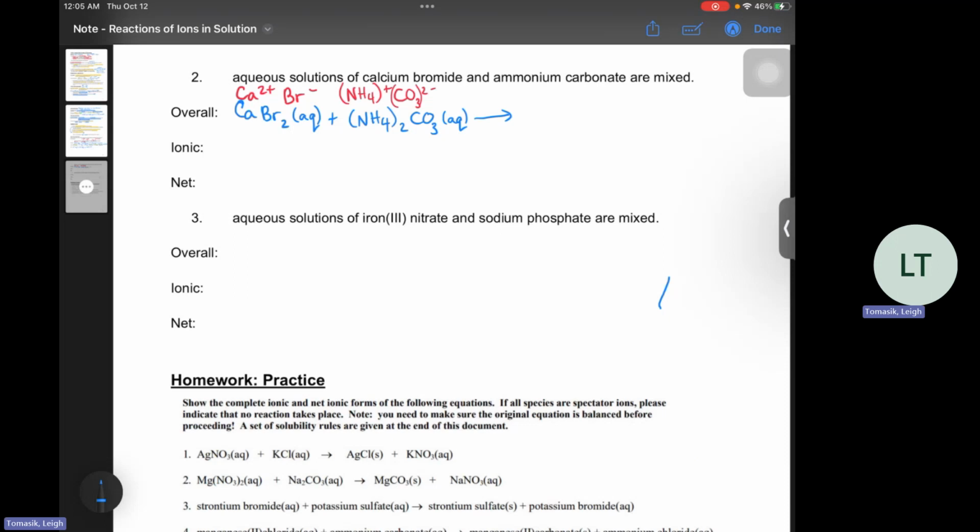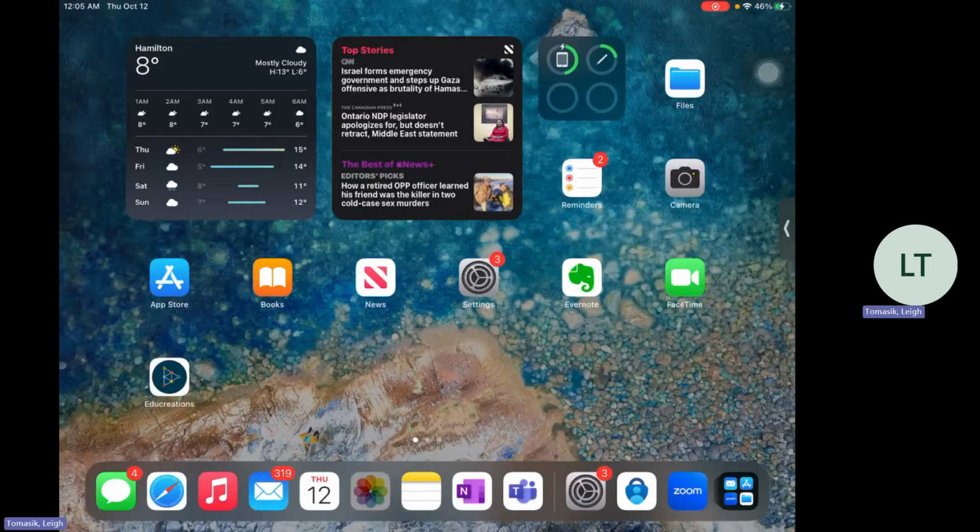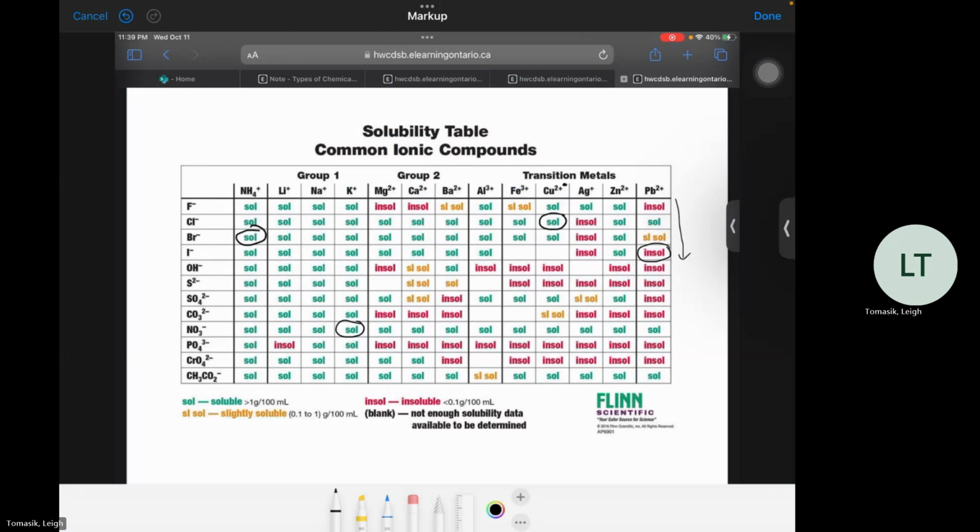So calcium is going to go with carbonate, and ammonium is going to go with bromine. I know that all ammonium compounds should be soluble, and I don't know about calcium or carbonate. So just to show you, ammonium and bromine make a soluble compound.